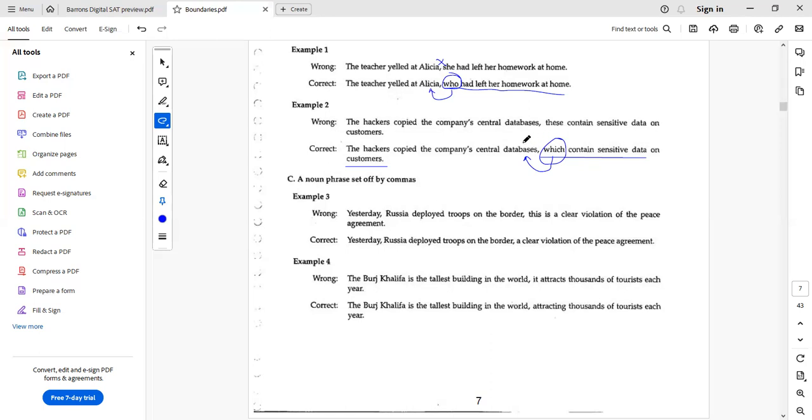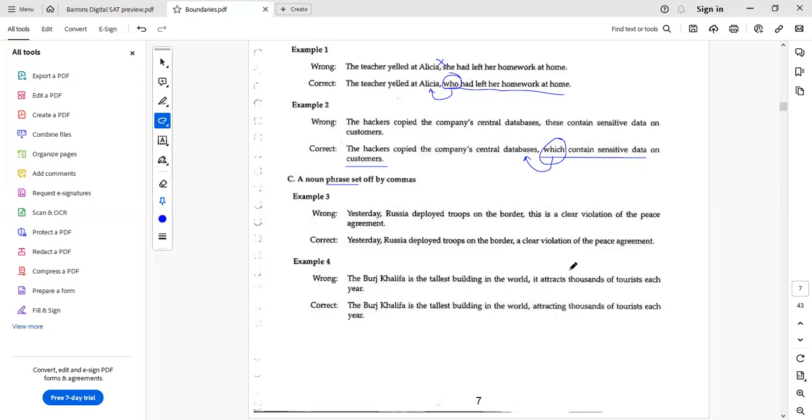Yes. Okay. So you can change one of the independent clauses to be a phrase. Like here: Yesterday, Russia deployed troops on the border. Subject verb. This is a clear violation of the peace agreement. Subject verb. A comma between them is wrong.